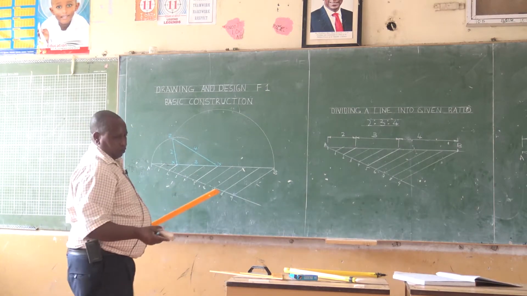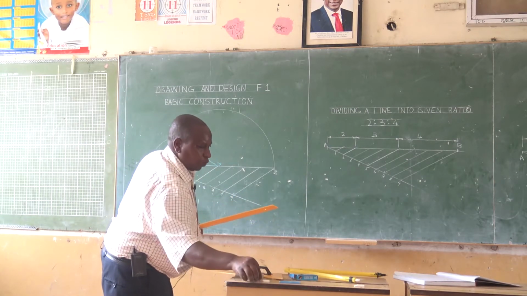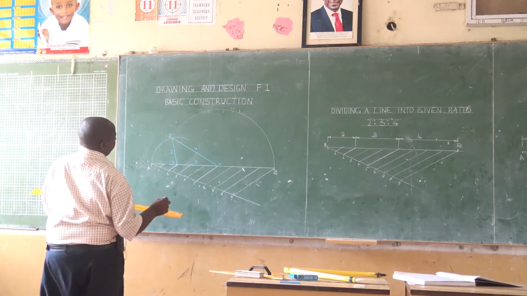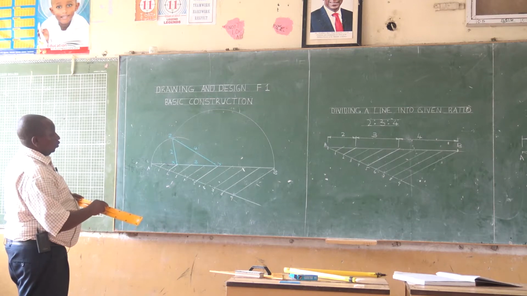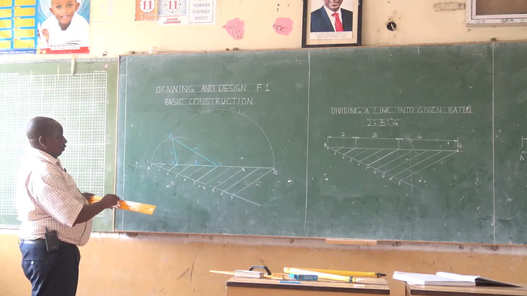Our triangle, whose original perimeter was 170 millimeters, has now been divided into the ratios of 2 to 3 to 4.